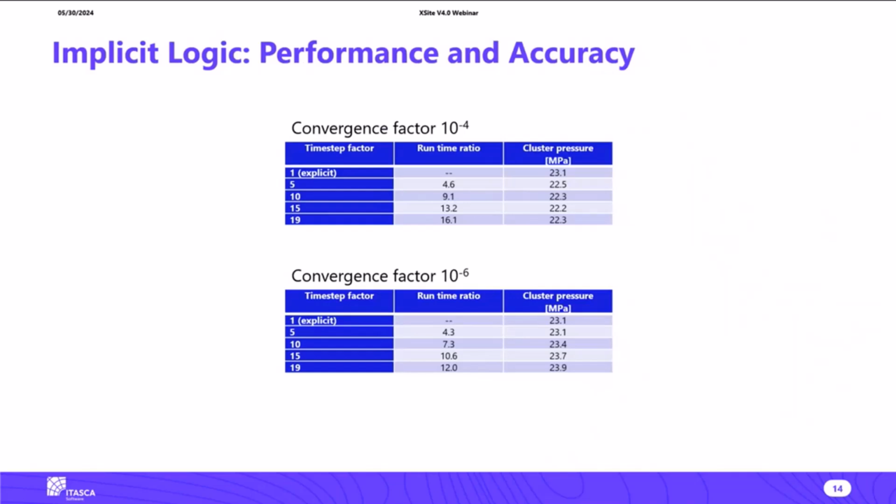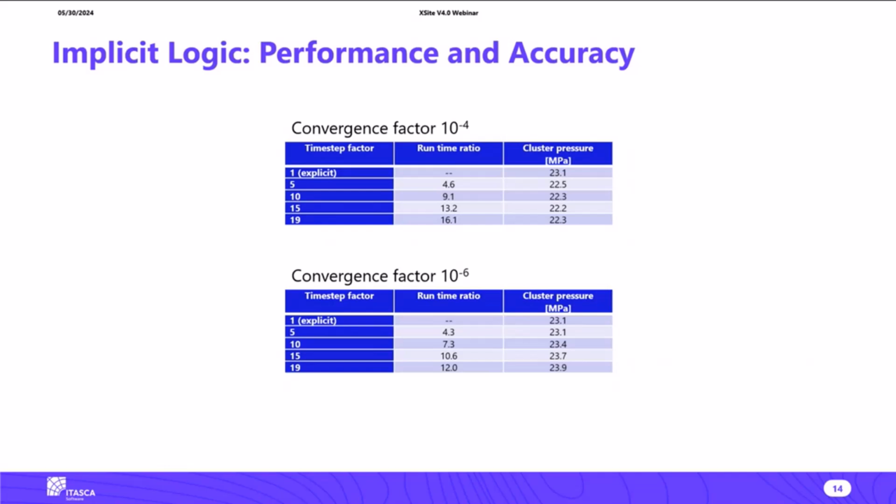Here we provide two tables. One is done for a convergence factor of 10 to the minus 4, which is a little bit less strict, and the other one is done for a convergence factor of 10 to the minus 6. Here we compare two things. One is the performance gain, which is the runtime ratio.